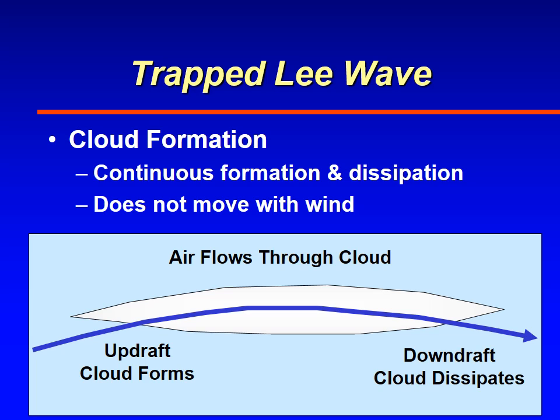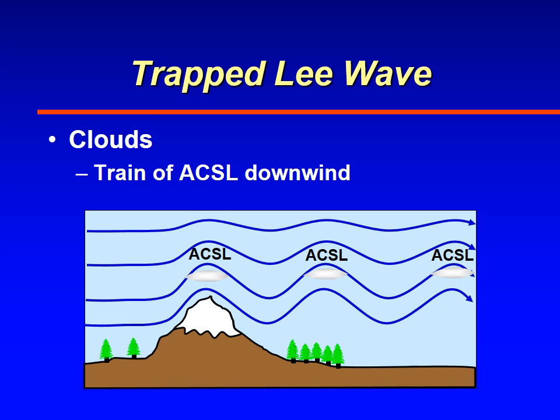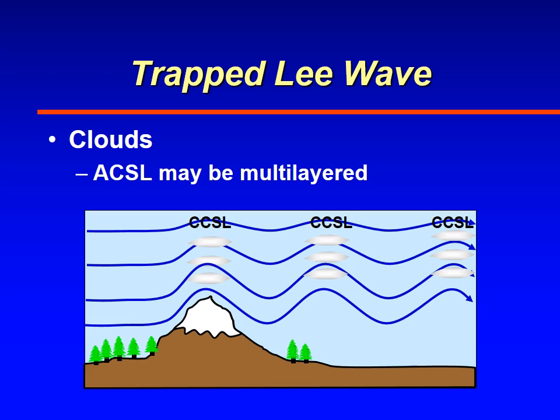Now, that's assuming that there is enough moisture in the atmosphere to produce a cloud. So what you see with a trapped Lee wave is a train of lenticular clouds downwind of the mountain. And you'll see several lenticular clouds, maybe hundreds of miles downwind, depending upon the strength of the wind and the stability of the atmosphere. Sometimes these lenticular clouds may be multi-layered.